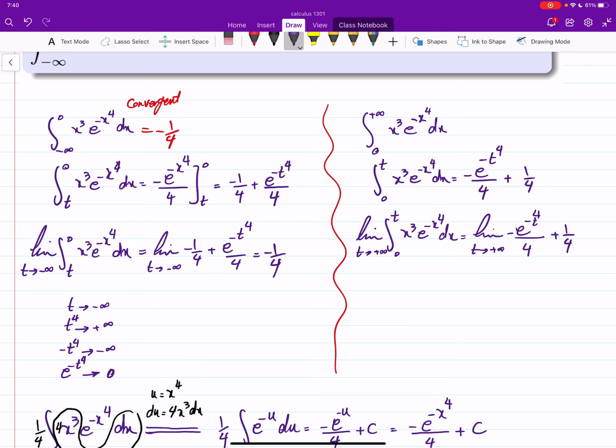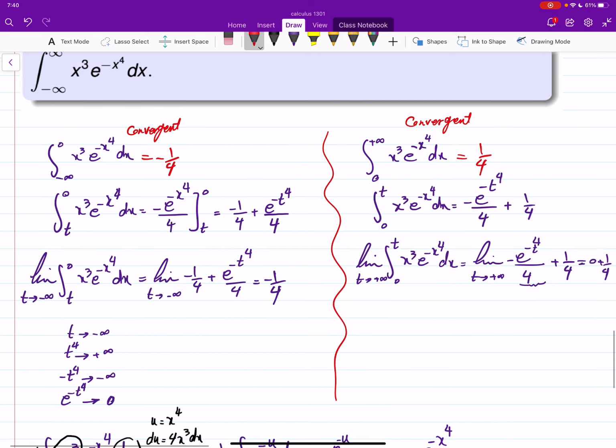But we know that this piece here, with the same argument, will go to 0, and this other one is going to be 1 over 4. Very nice. So what we showed is that, yes, this other one is also convergent. And the value is 1 over 4.